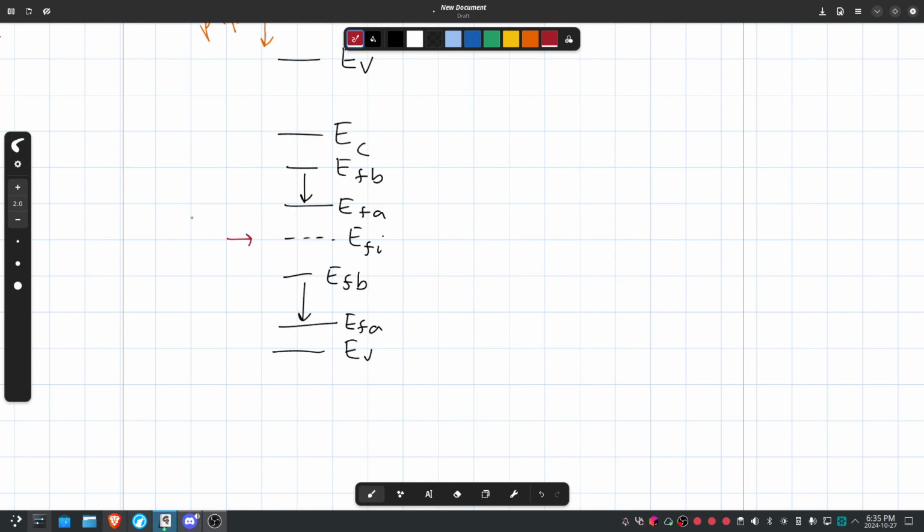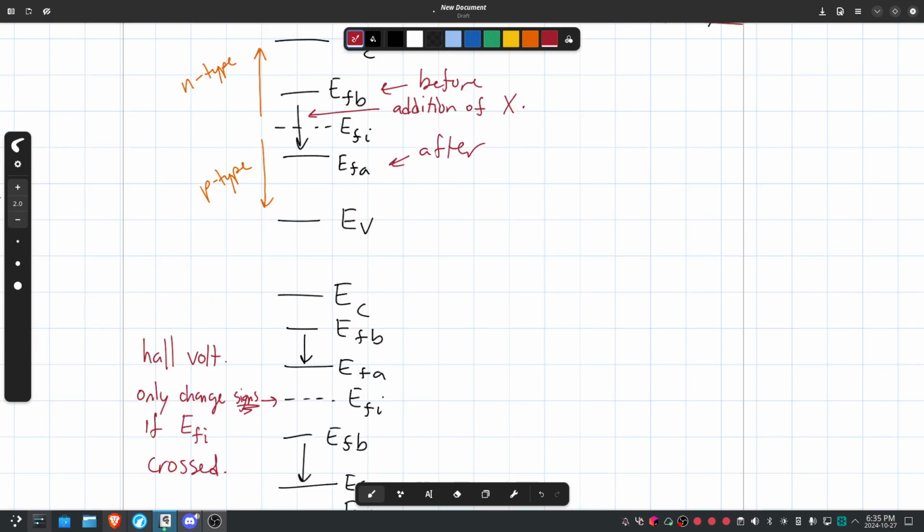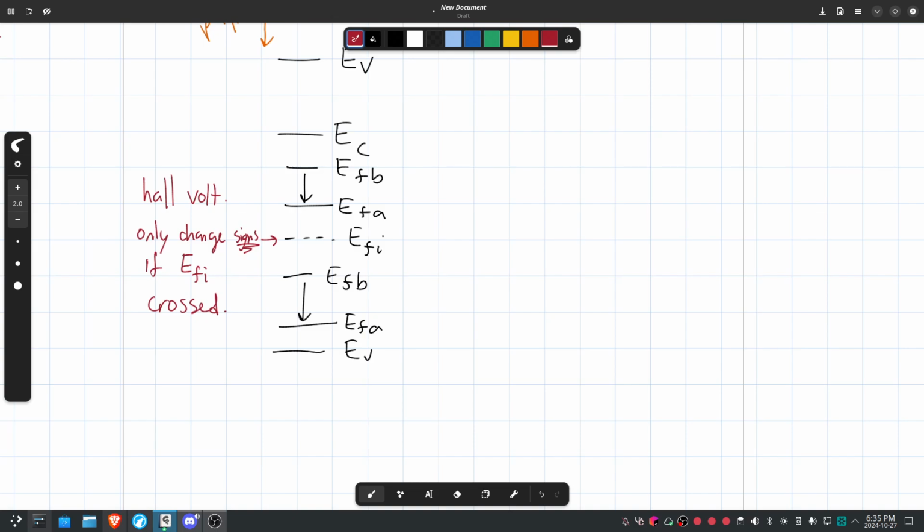The Hall voltage only changes sign if EFI is crossed. So it could have remained the same type, but the sign switching is what made it definitively N to P.